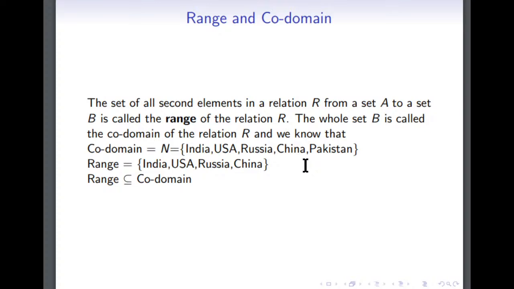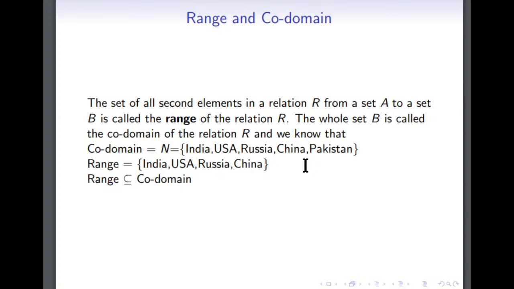Now one thing you will notice is that codomain is a bigger term. All nations in the second set are included, but range is a smaller subset of it, because range contains only those elements of codomain which are image of some element in domain.